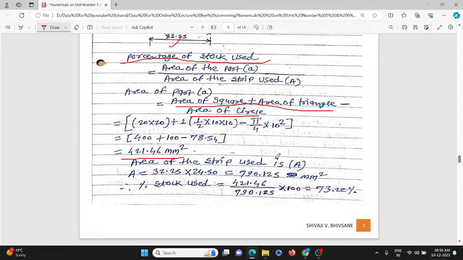So the area of the strip used can be calculated.